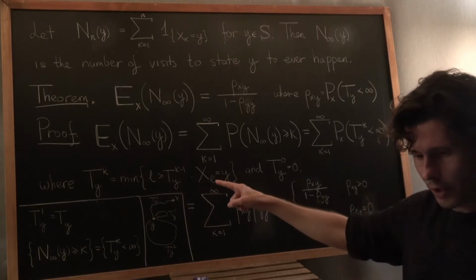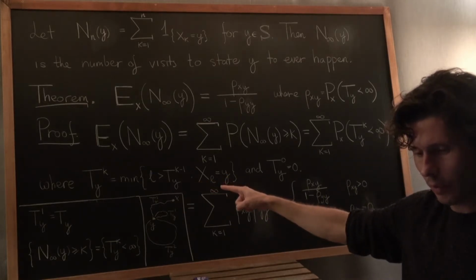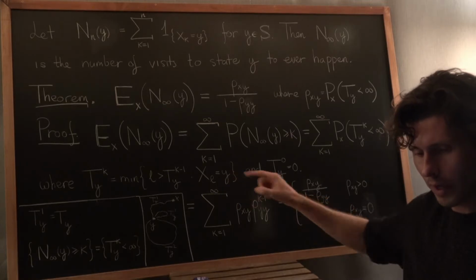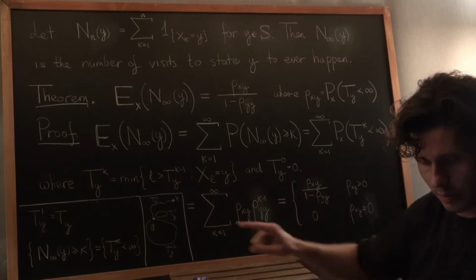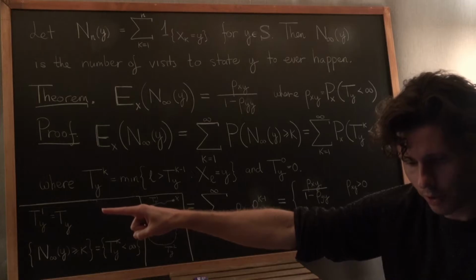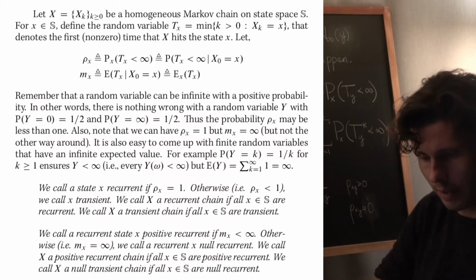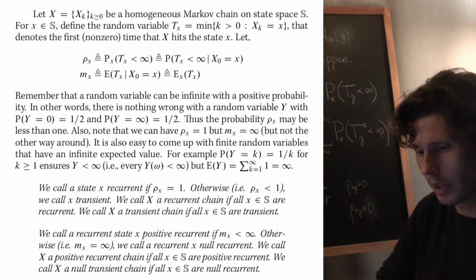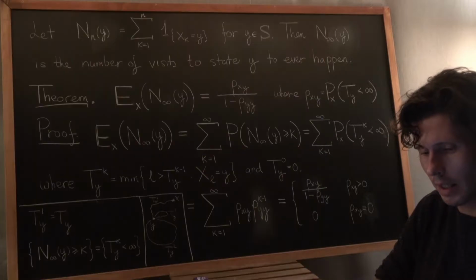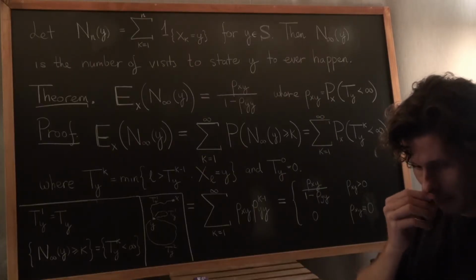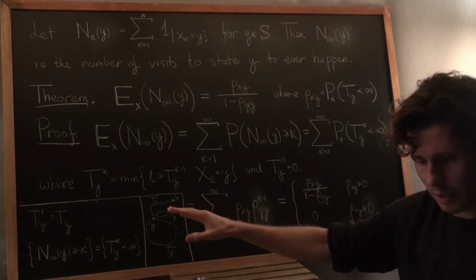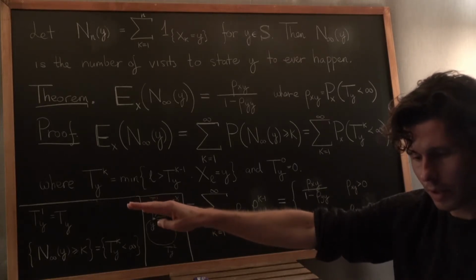It is the first time after 0 that we reach state y. So T_y^1, like I've written here, matches our previous notation of T_x, only with y replacing x, but that's arbitrary.